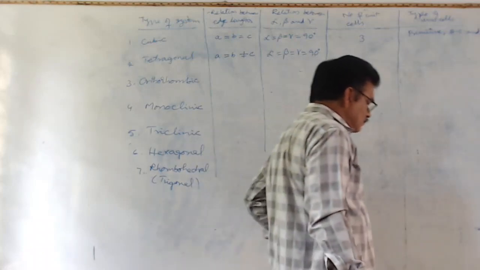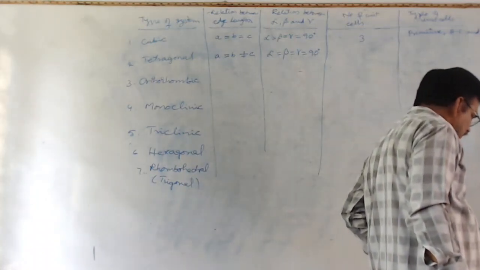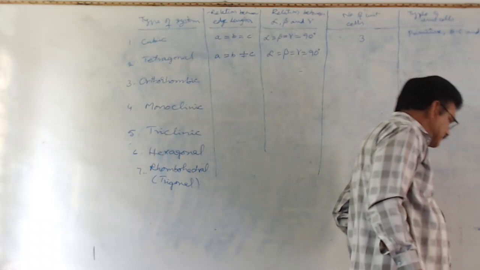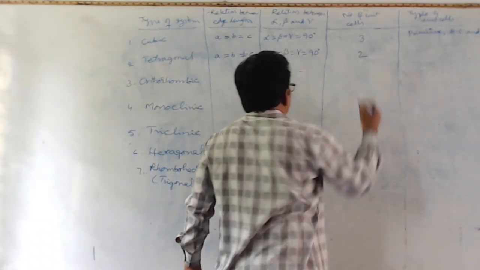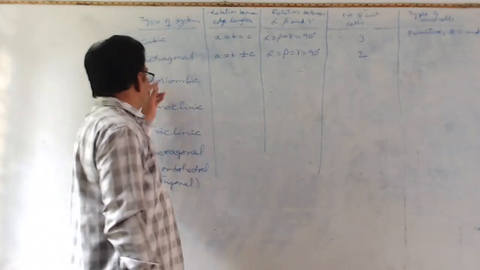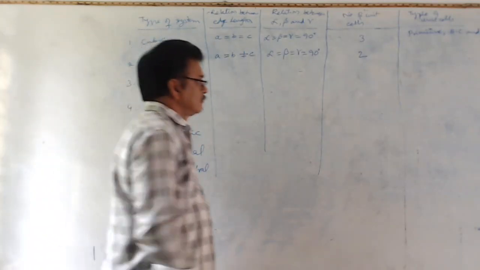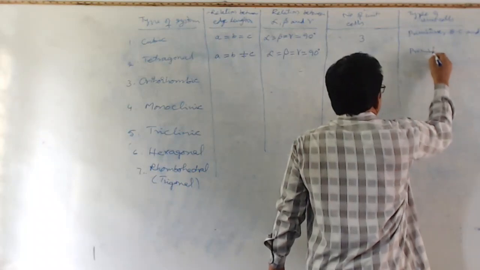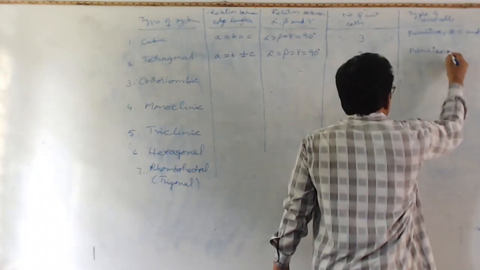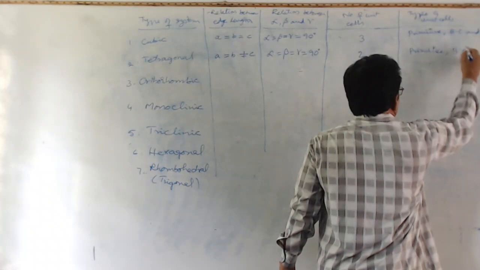And there are two unit cells in the tetragonal system. These two unit cells are the primitive unit cell and the body centered unit cell.